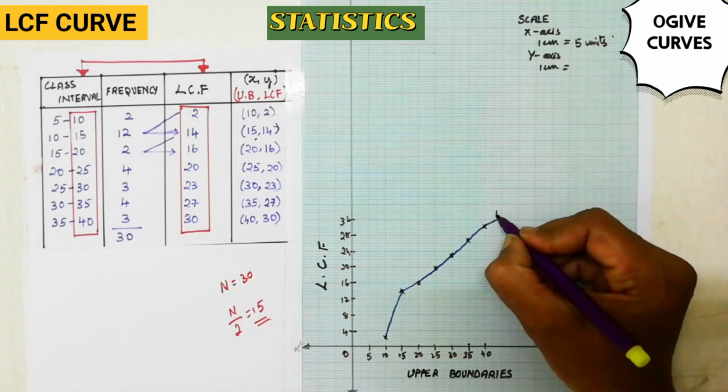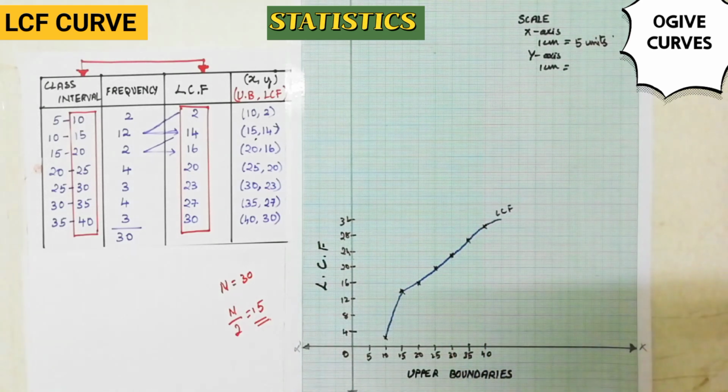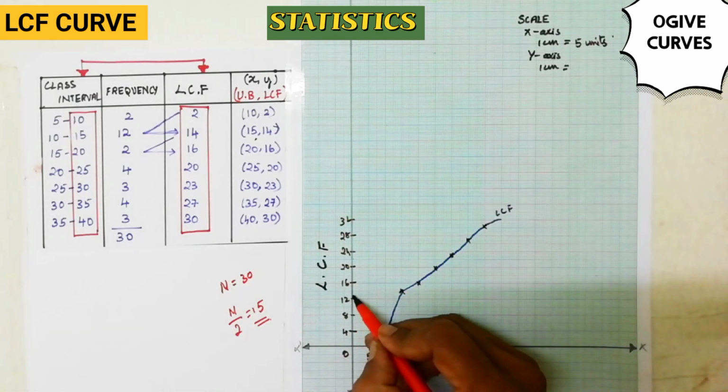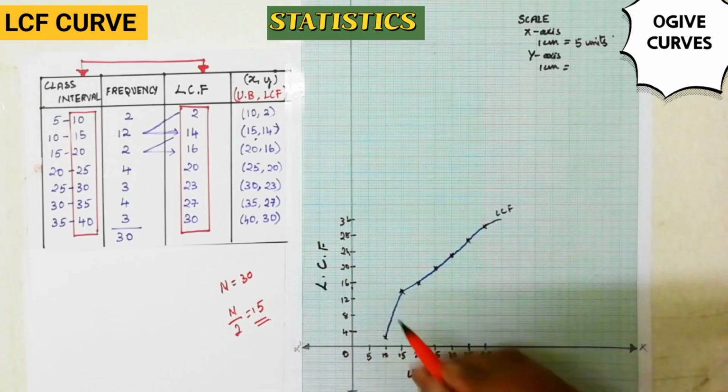So this will be your LCF graph. Now how to find the median from this one? N is 30, N by 2 is 15. So just take 15. You can observe clearly 12, 13, 14, 15, it comes somewhere here.